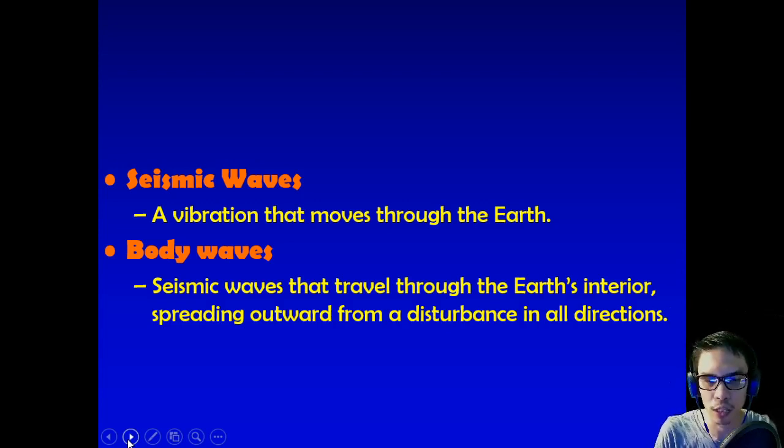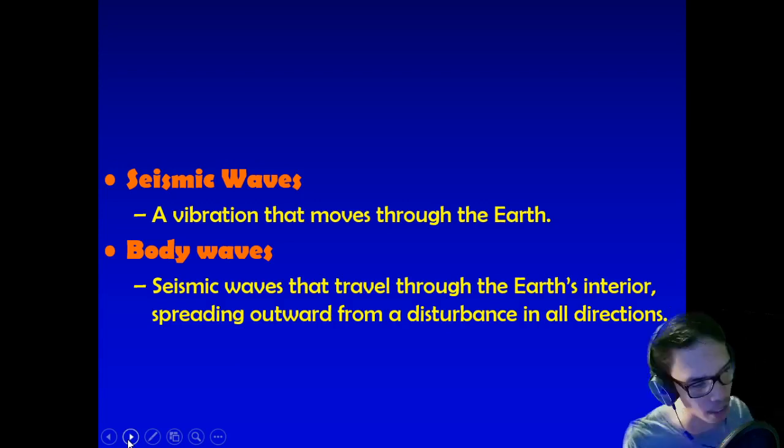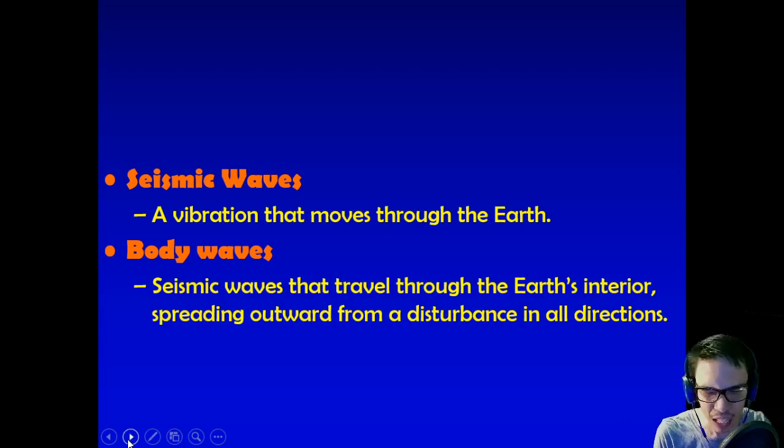It is generally a seismic wave that travels through the Earth's interior and spreads outward, just like when you throw a stone on water, it creates ripples that spread outward. This seismic wave is distributed to every portion of the Earth, in all directions. So these are the body waves.